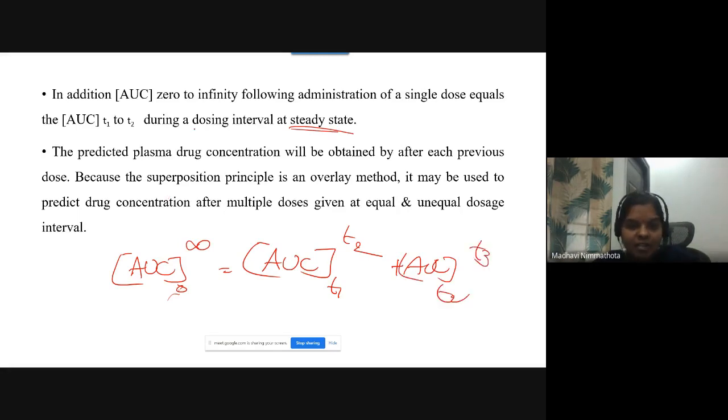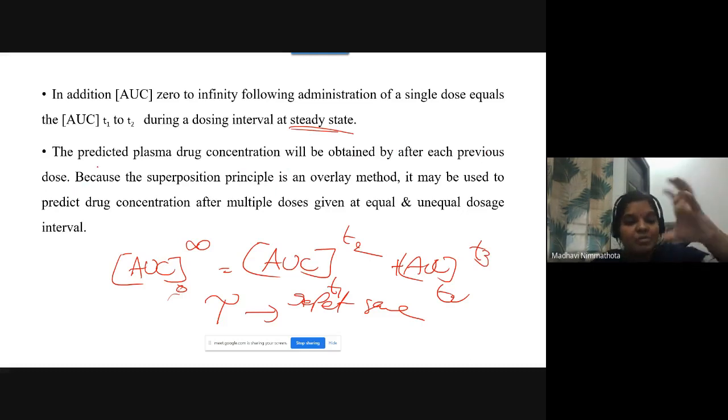So what it is telling is, when you calculate the AUC 0 to infinity at the dosing interval of steady state, you may get the same values for 0 to infinity and for T1 to T2. So that means the dosing intervals will be the same. The repetitive doses will also be the same. The predicted plasma drug concentration will be obtained after each previous dose.